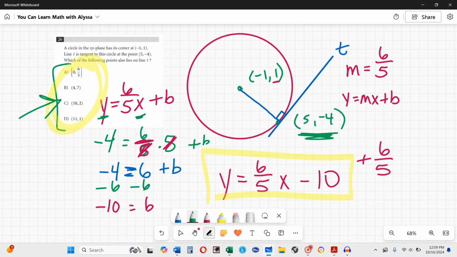So you drag your pointer along it, and you get to where x is 0 and see if the y is 6/5. And you go down and you look for each of those. For me, that's the fastest way. But either way you can do it. I just go whoop, whoop, and I check very quickly. And if you do that, either way, you will find your answer is C, 10/2, is the point that's on that line.